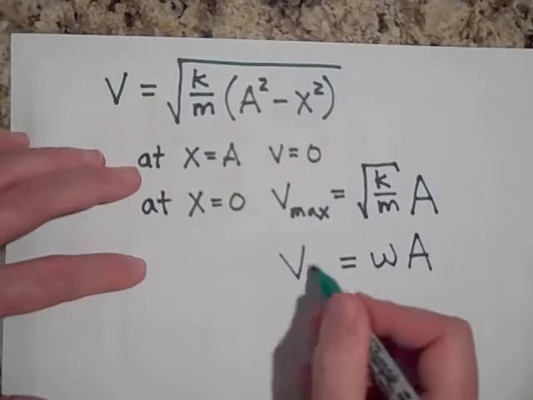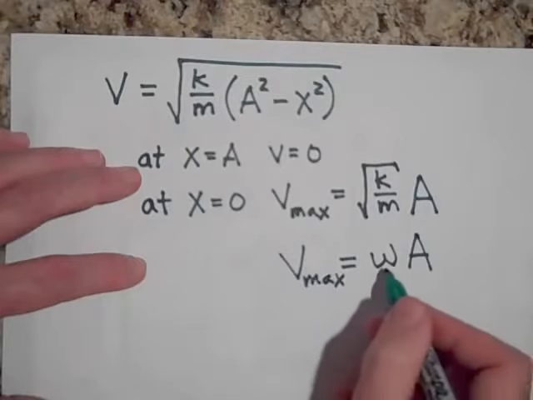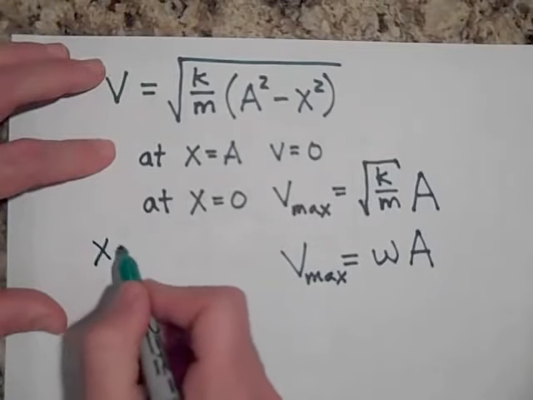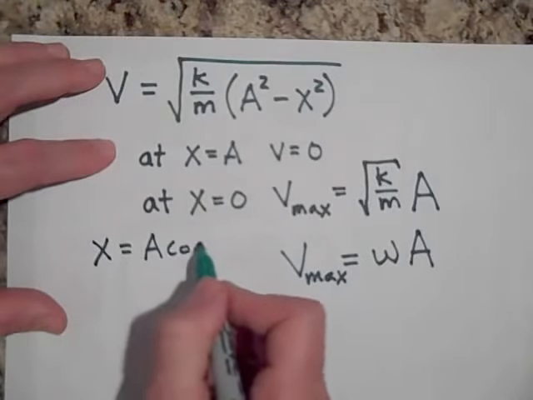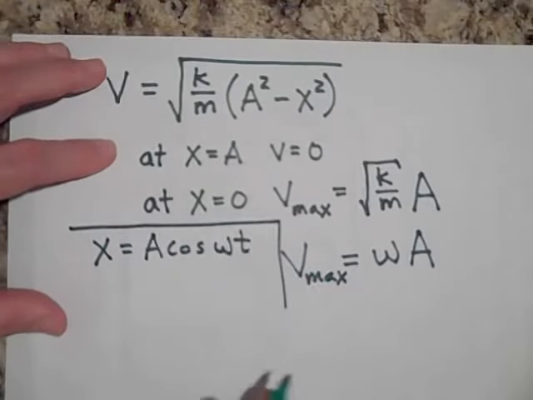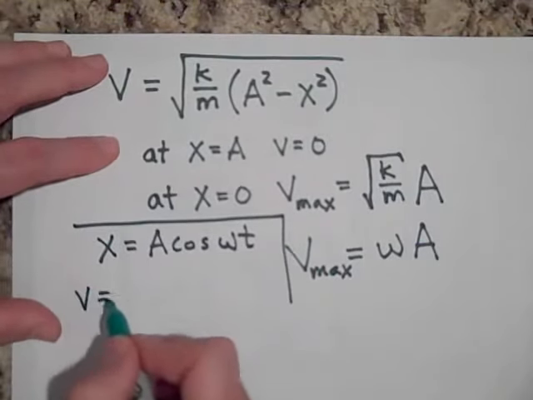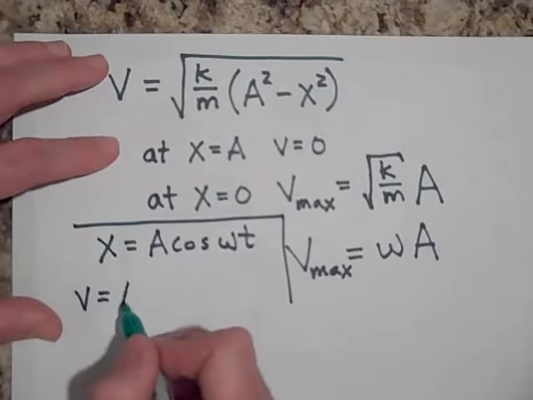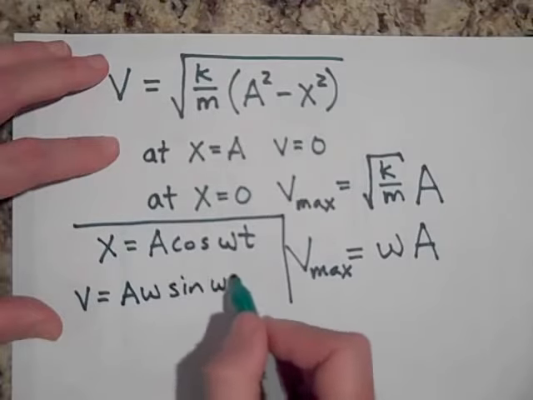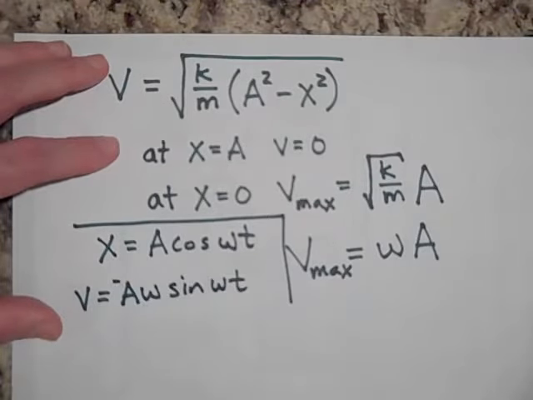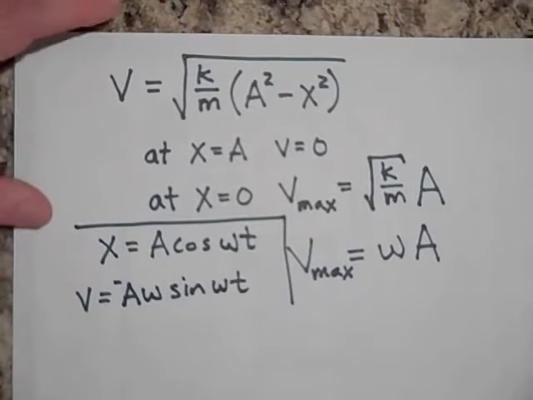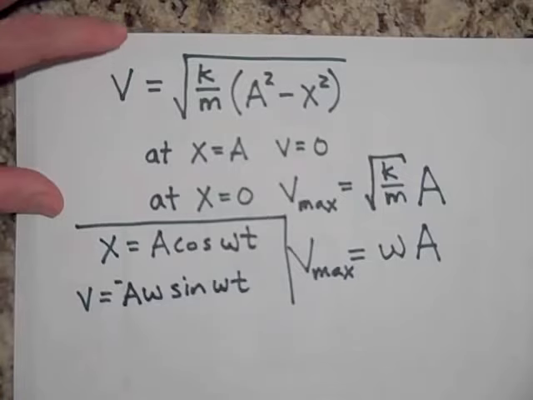And we already knew that v max is omega A. The reason we knew that is because if x equals A cosine omega t, remember doing this? Then the derivative of this is A omega sine omega t, and then I put a negative sign there. So we already knew that that was v max.